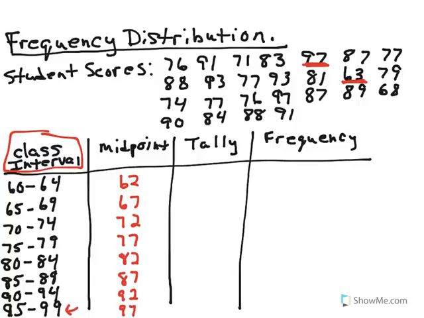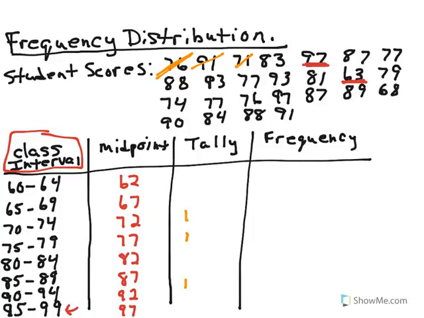Then we tally how many of these numbers fall into our class interval. For example, we have here a 76. The 76 would fall in the 75 to 79 range, so we put a tally mark. Then we have a 91 that falls in the 90 to 94 range, and we put a tally mark. And we keep doing that till we get through all of our values.